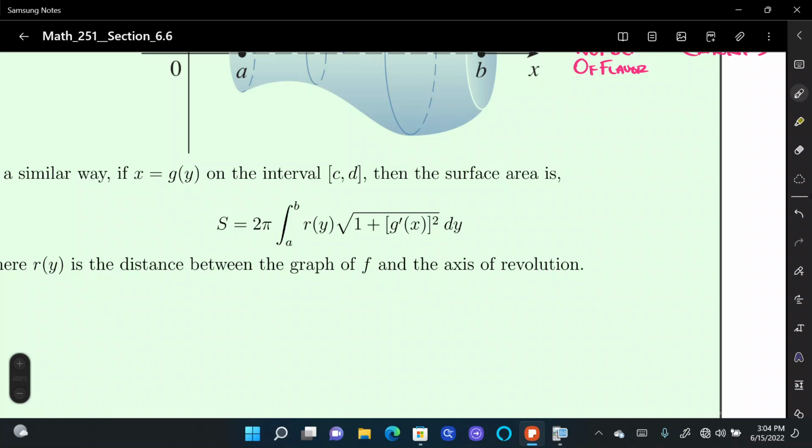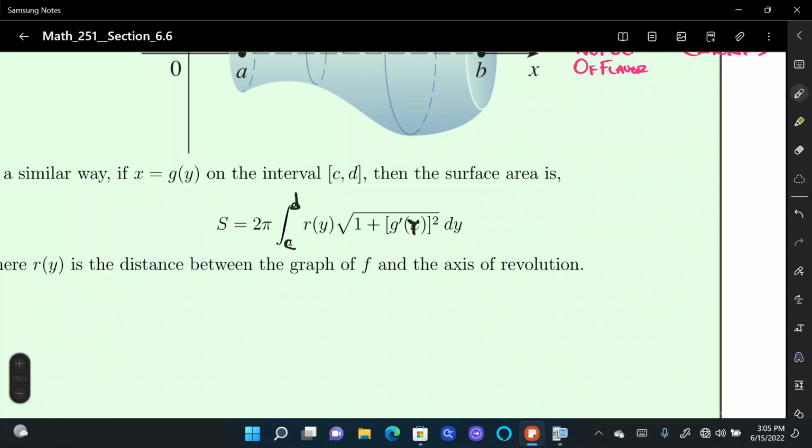Depending on the setup of the problem, or how you want to revolve the region about the x-axis or the y-axis, in some cases you needed to redefine a given function of x into a function of y, or vice versa. So this is coming back in surface area, and this is supposed to be a c, a d, and this is supposed to be a y.